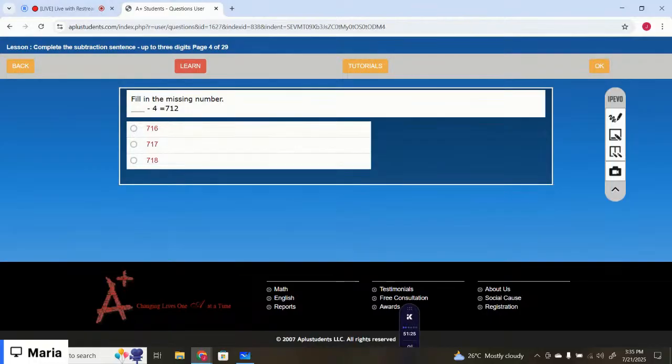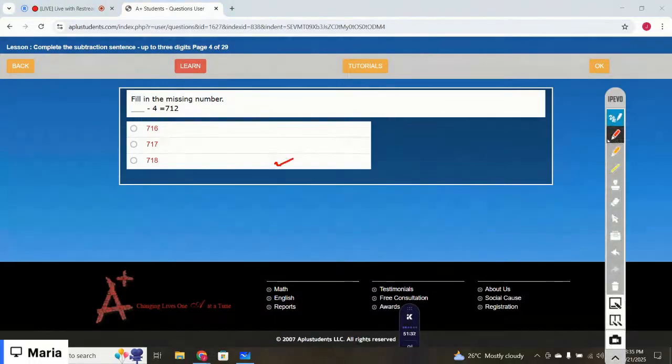Fill in the missing number. The missing number minus 4 equals 712. Missing number minus 4 plus 4 equals 712 plus 4. So 4 minus 4 is 0. 4 plus 2 is 6.